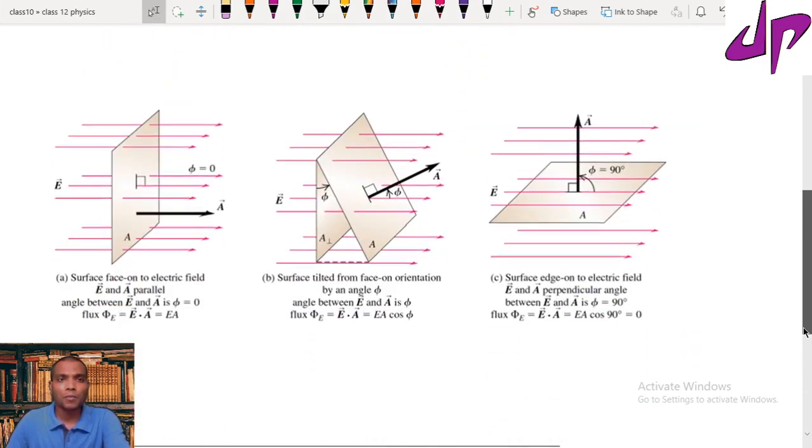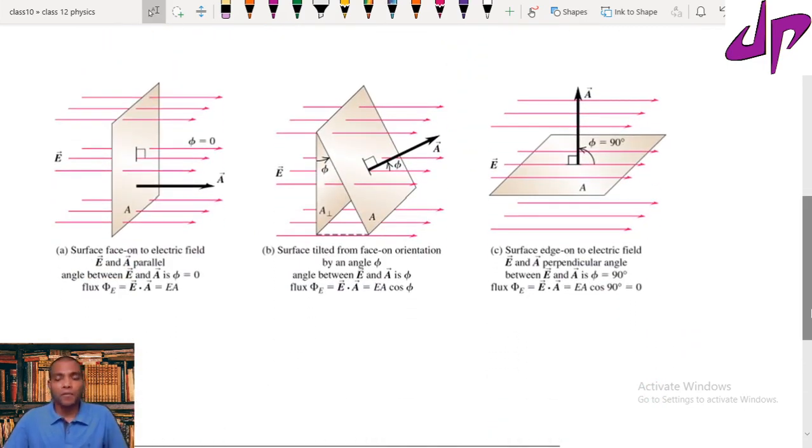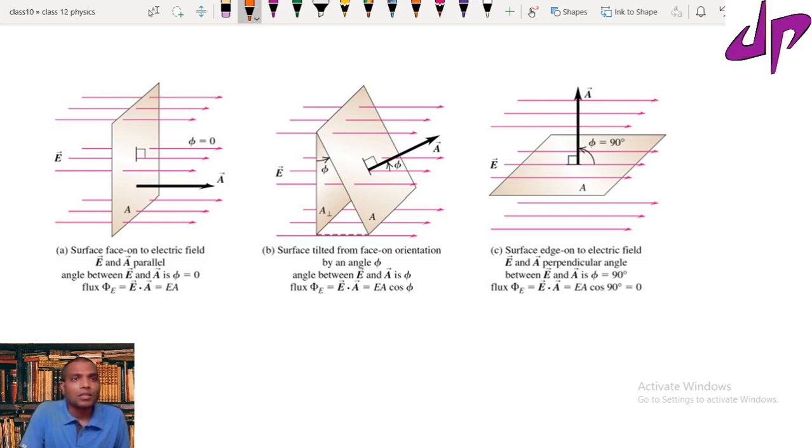Let us see the example here, the perfect explanation for the flux. Here my pink lines are electric field lines. This is the area which I have taken. This is my surface area, and this is my area vector A bar.